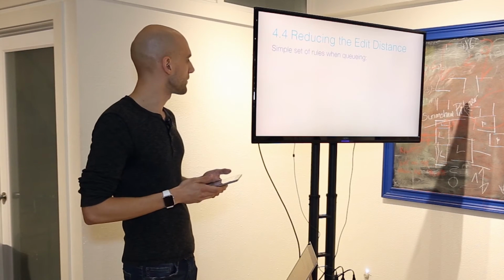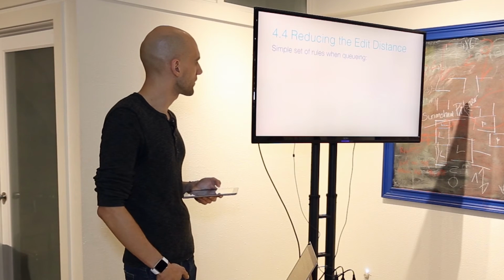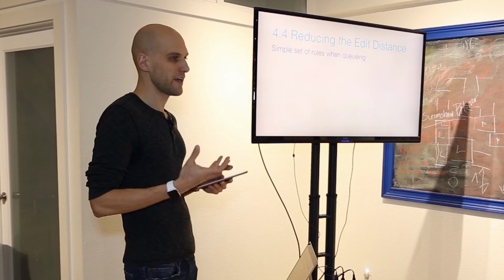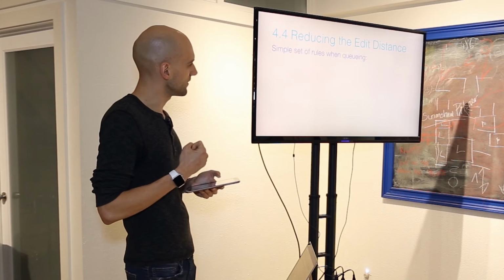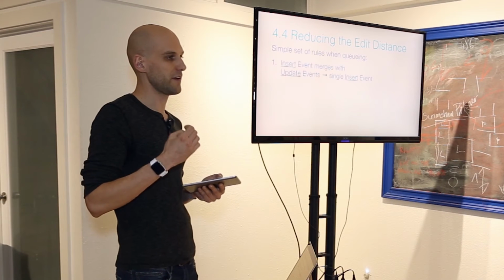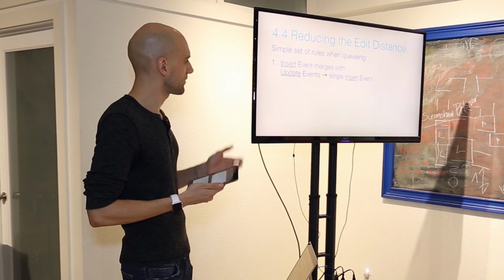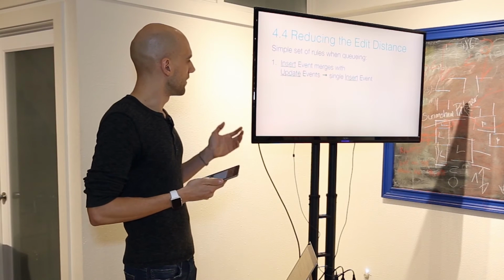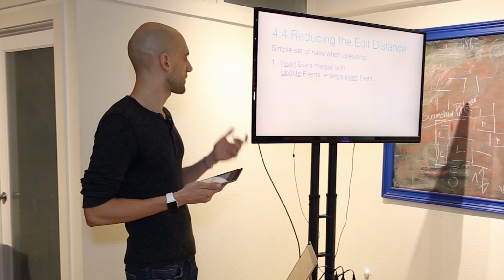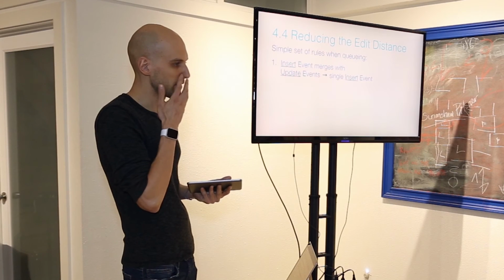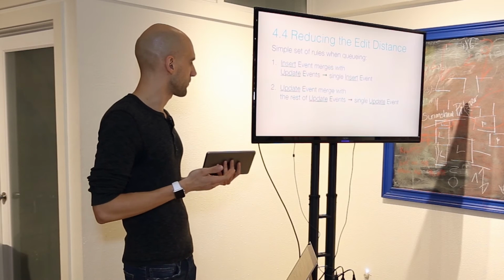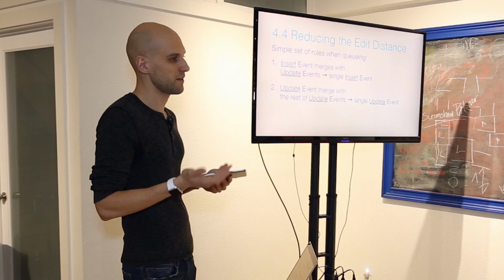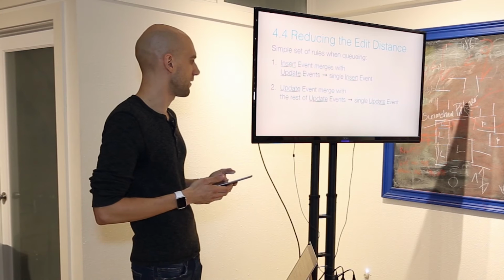It's very easy to fix this. We just need to reduce the edit distance. Basically, we need to squash these changes into single events if it's possible. So an insert event for a specific object would have to merge with other update events into a single insert event. And an update event would have to merge with the rest of the update events for that specific object into a single update event.